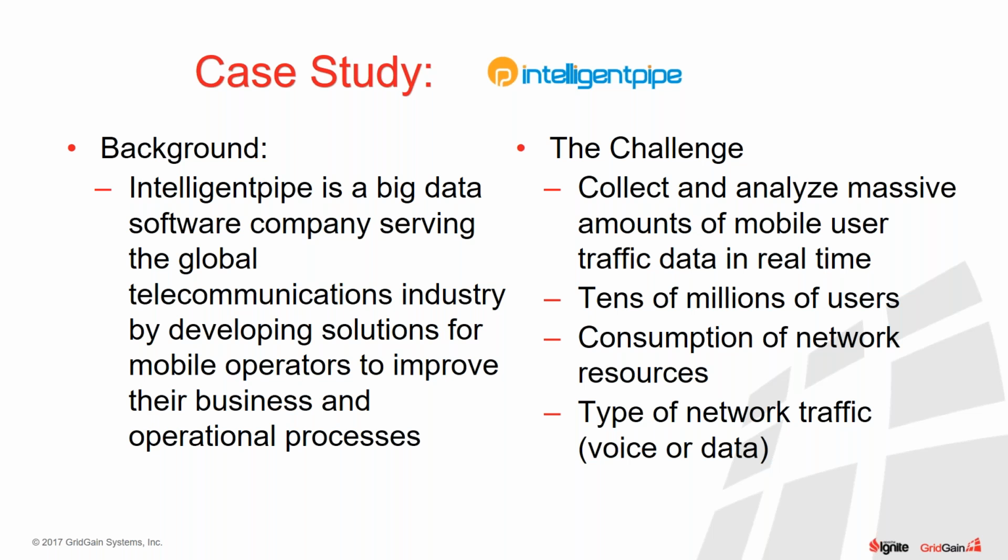This is important because they're collecting and analyzing huge amounts of mobile user traffic data and mobile user behavior data, in real time, to provide insight to network operators on how to launch new products, how to optimize their networks, things like that. So we're talking about a company constantly running real-time analytics on tens of millions or more user sessions, which is pretty intense.